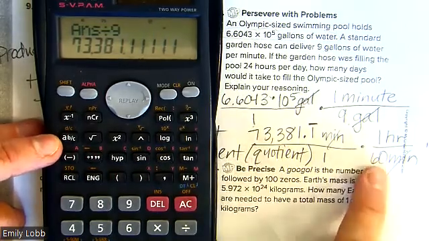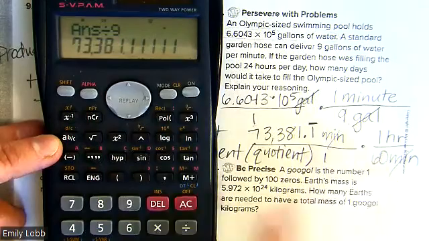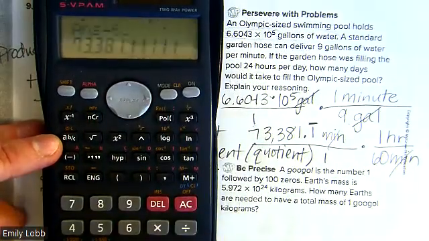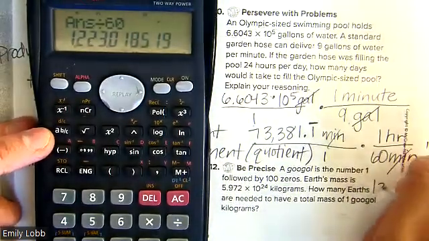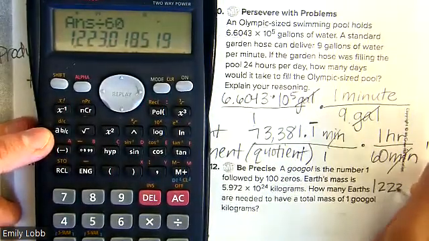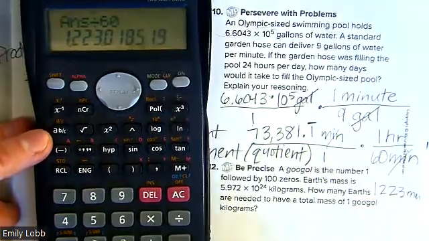This is on top, this is on bottom. So I'm dividing this number by 60. So divided by 60 gives me 1,223 minutes. Is that helpful yet?